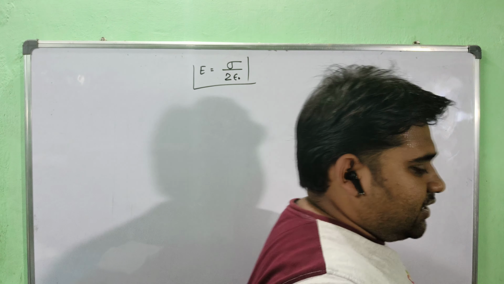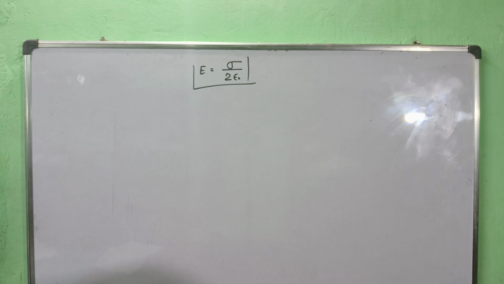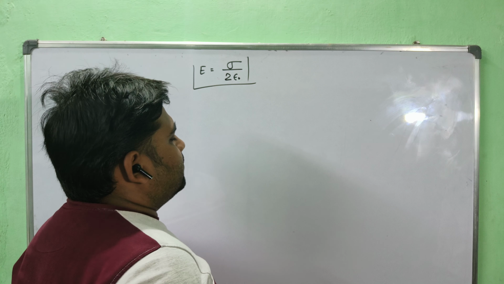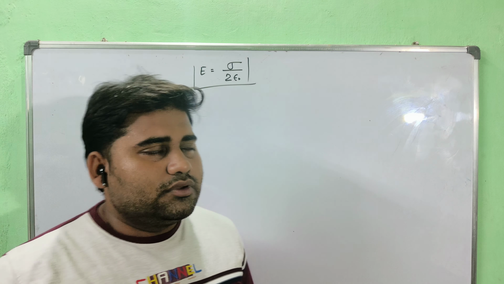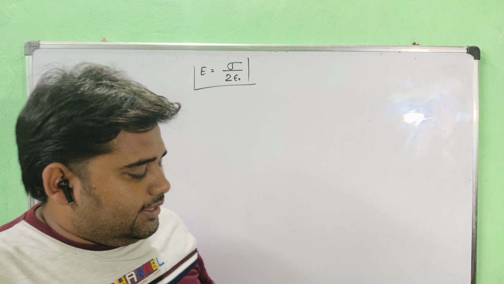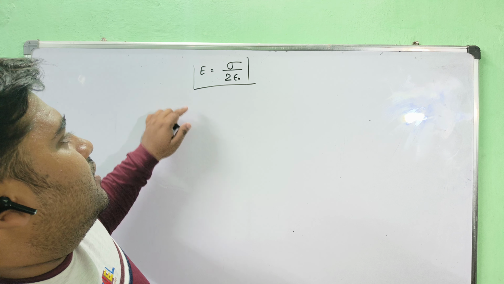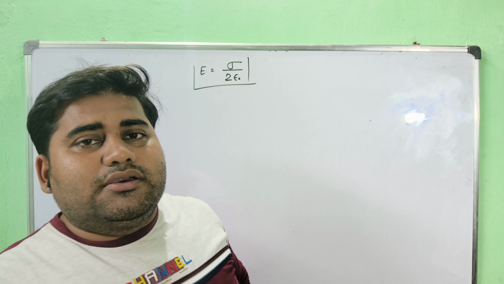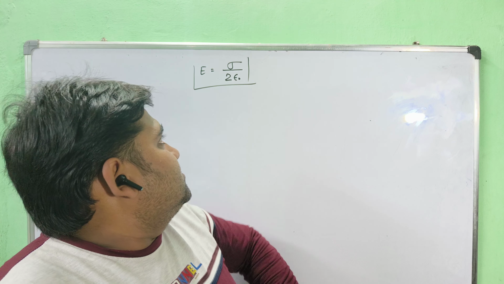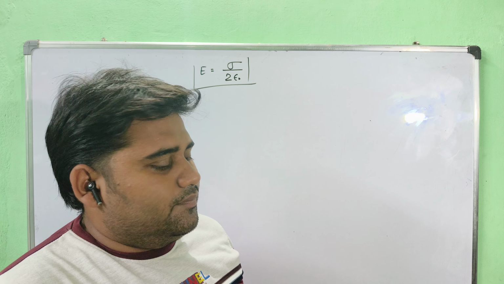Sigma is the surface charge density and epsilon naught is the permittivity of vacuum, and you know this value. Even when you are asked to find the electric field for an infinite plane sheet which is uniformly charged, you can use this formula.